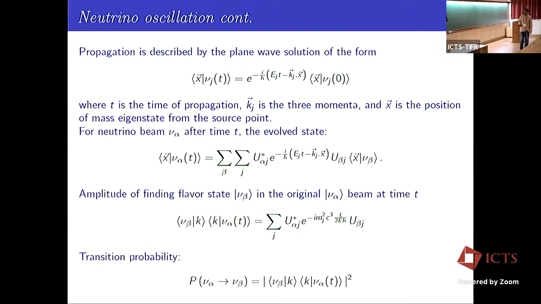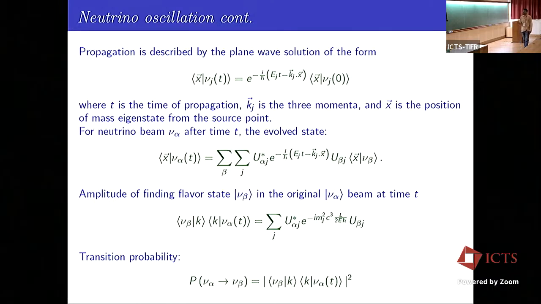And I can also compute a transition probability. The physics part of it is not too important for us, because all that we want to look at is that there's a unitary matrix and there are eigenvalues, and there have to be some operations on them which allow me to have a transition probability from one flavor to the other flavor.